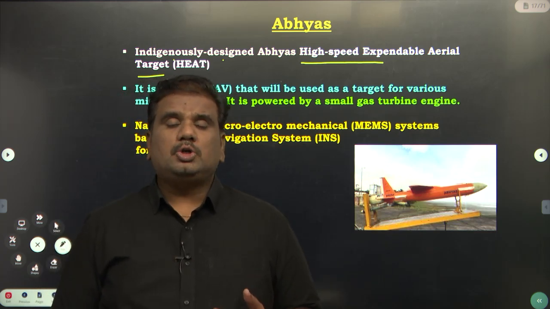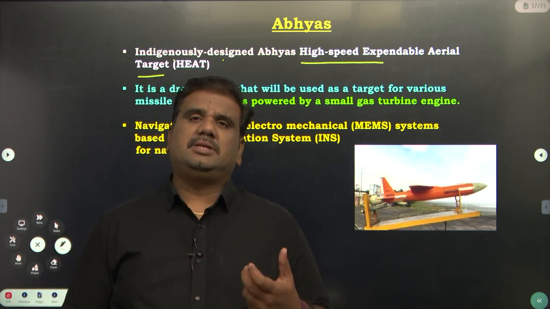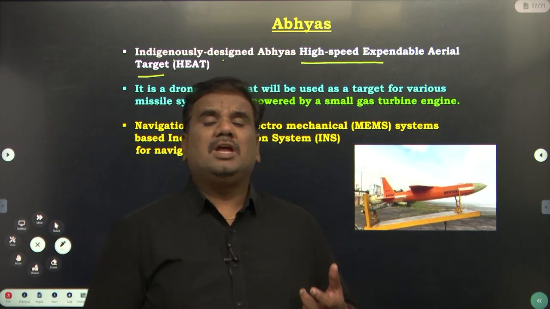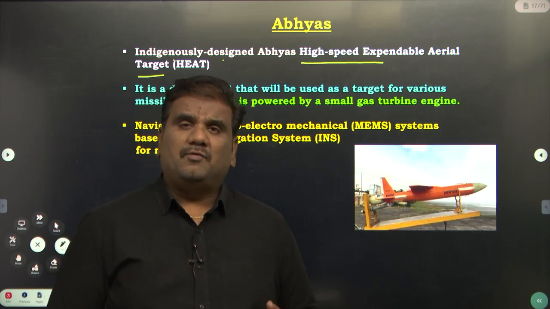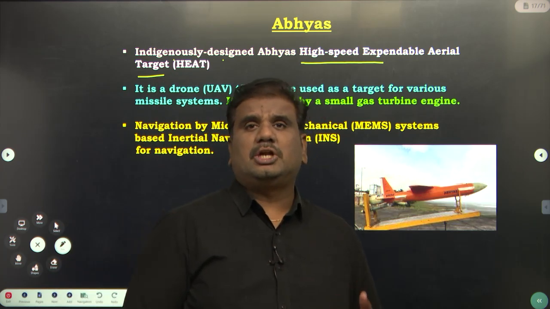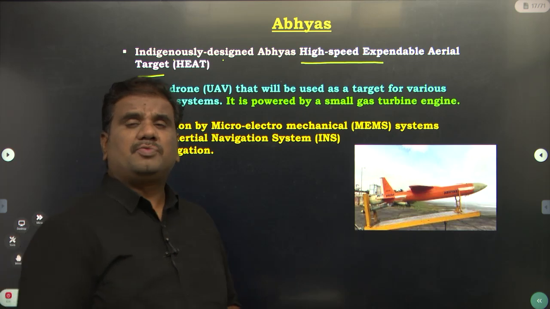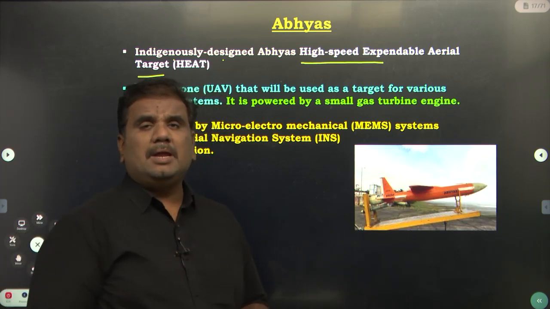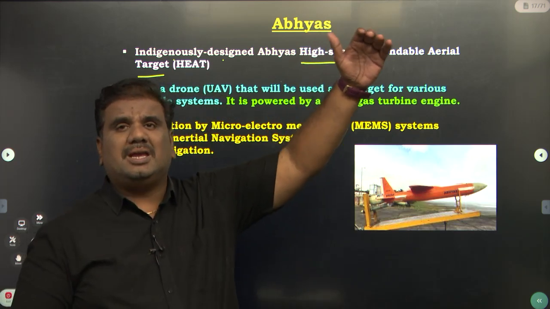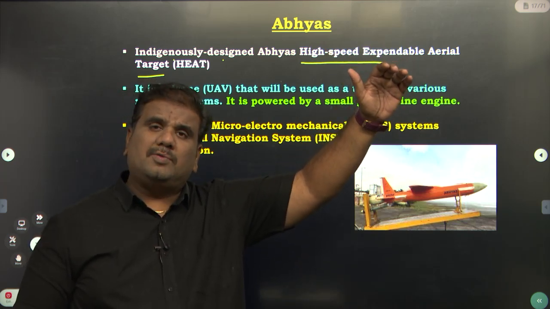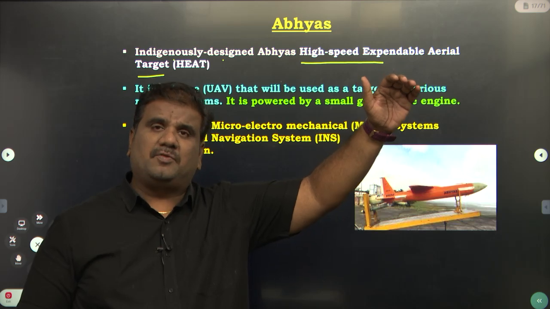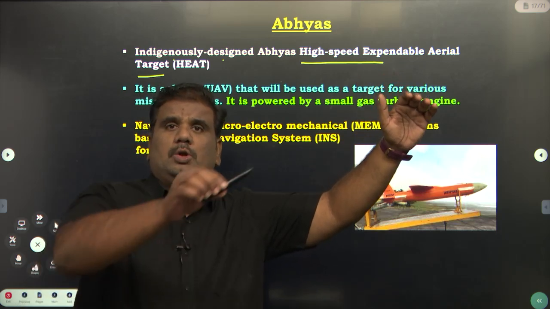Now in order to test these missiles, we need to have an aerial target. Whenever you are trying to test Trishul, the main objective of Trishul is to destroy any device or object which is in the air. So for that, from the land, from the surface, you launch the Trishul missile.